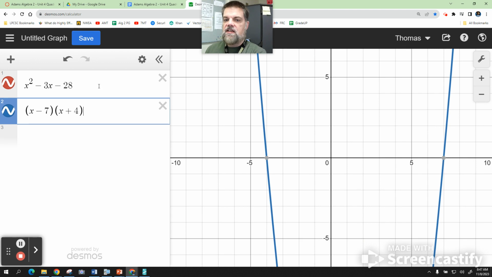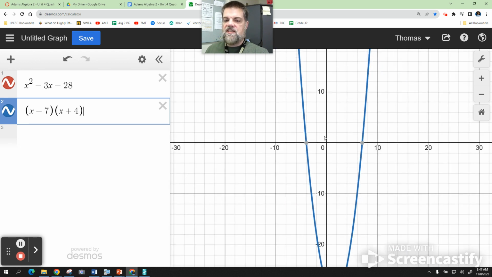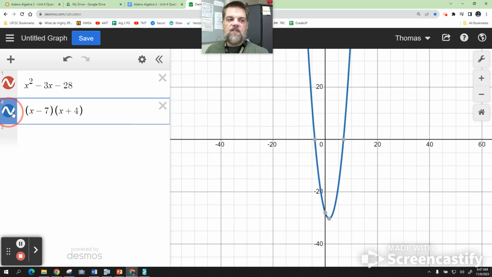All right. Now I'm going to zoom out a little bit so I can see the graph. Now, clearly, if I turn this graph on or off, they're the same graph, right? But here's what I want to point out. What do you notice about this and this? Yeah, it's like the opposites.